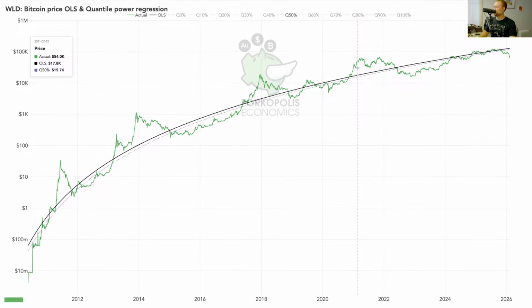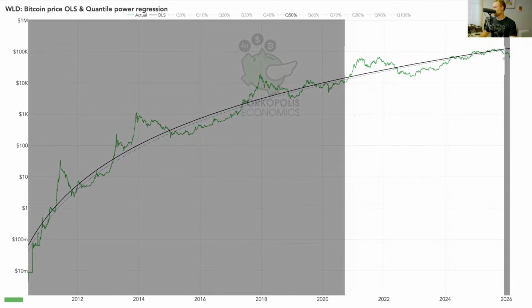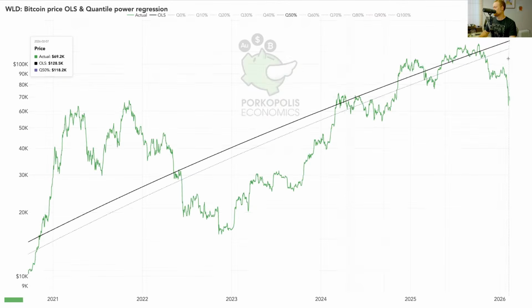But the median might be a more reliable indicator in the future. How can you not like Bitcoin?